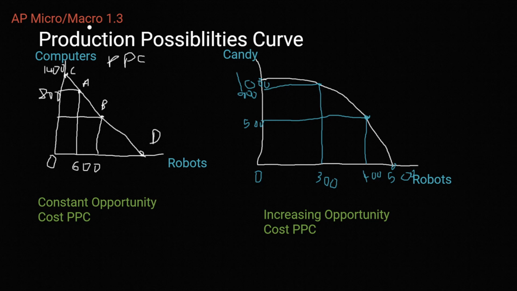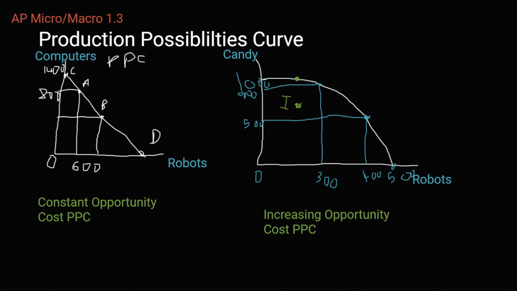So I'm going to talk about this point right here. Let's call this point I. Point I is inefficient because we could be producing here. We might be producing there because we're in a recession or there's some grand unemployment.